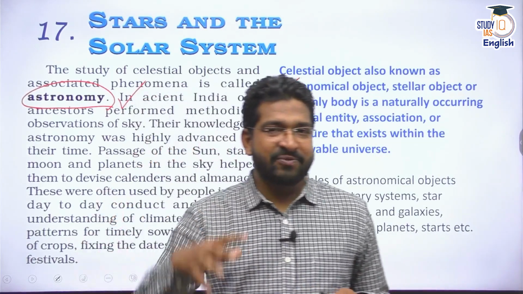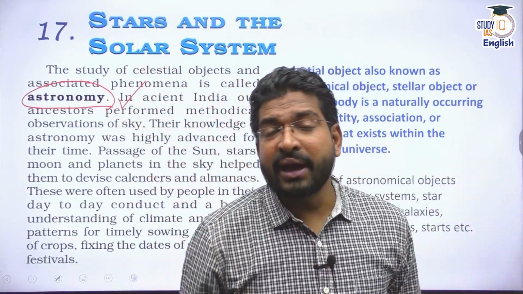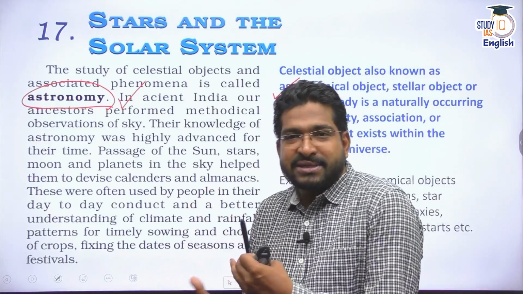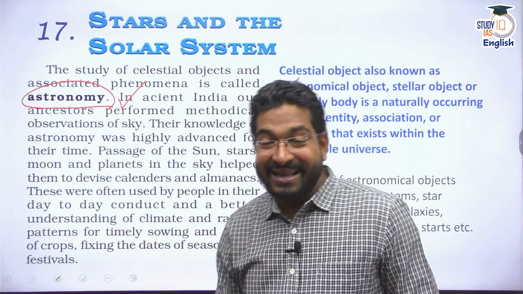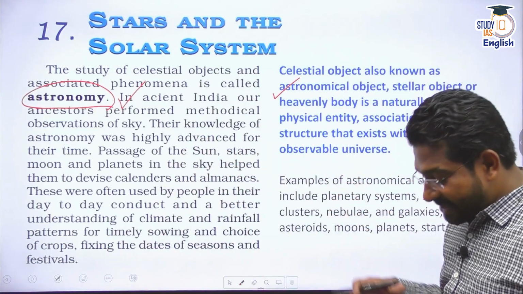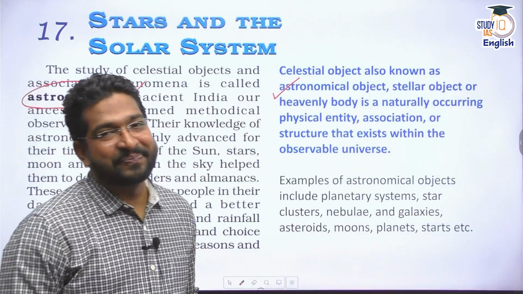Even during the ancient time, during the medieval time, simply looking at the sky, people used to tell about the seasons, about the months, about the calendar basically, right? That's the study of celestial objects, study of sky, solar system. That's the astronomy. All right.